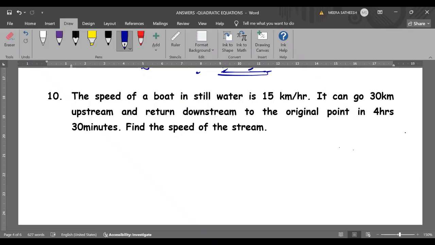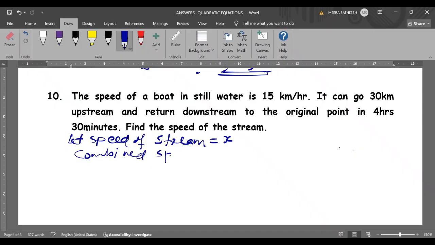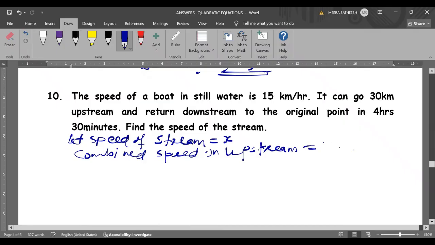So when it goes upstream, its speed is what? Let the speed of the stream be x. So, upstream, combined speed on upstream is equal to 15 minus x.